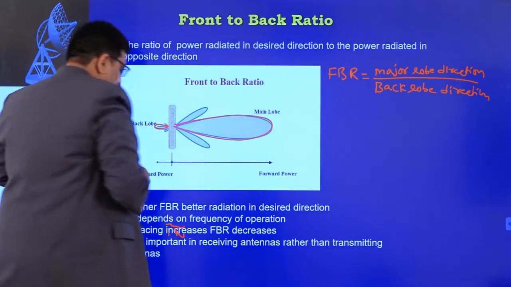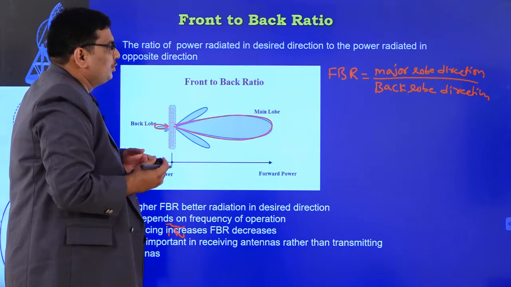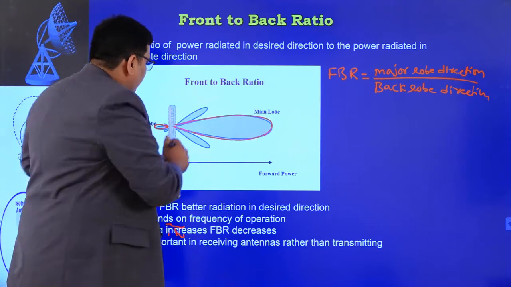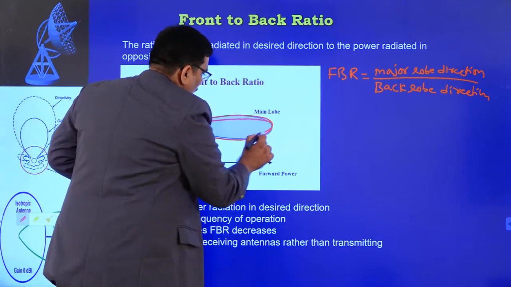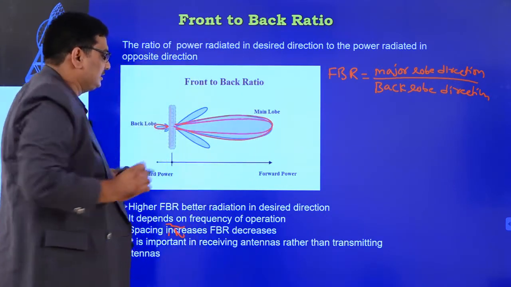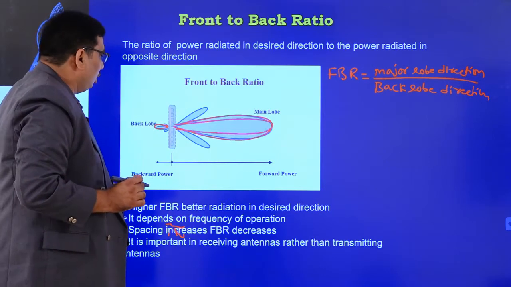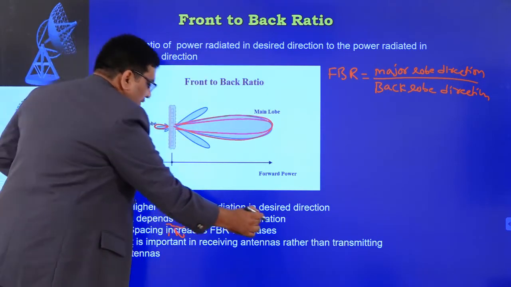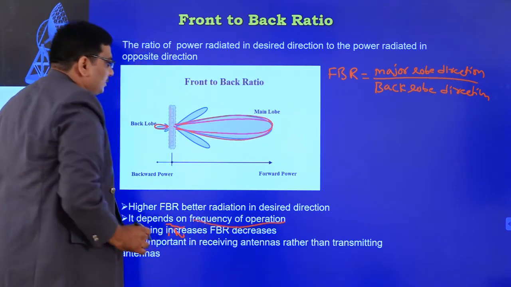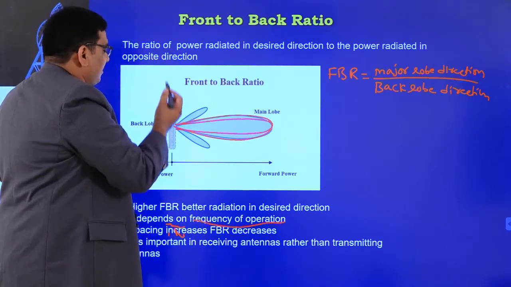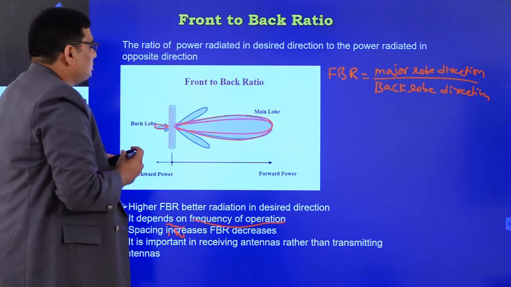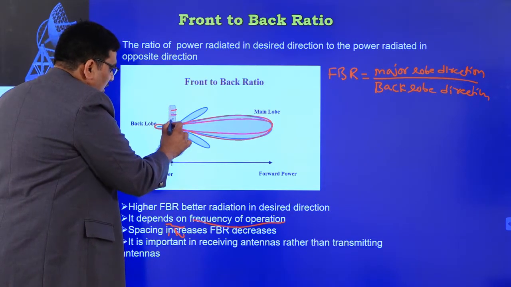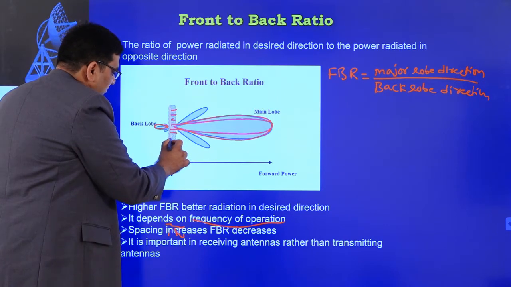For most cases, we want our antenna to radiate in our desired direction. Suppose this is our desired direction, so it should always radiate in this direction. This front to back ratio depends on the frequency of operation. That means as frequency varies, this parameter also varies. Also, suppose there are 1, 2, 3, 4, 5, 6, 7, 8 elements.